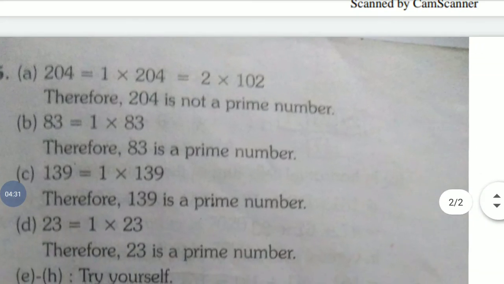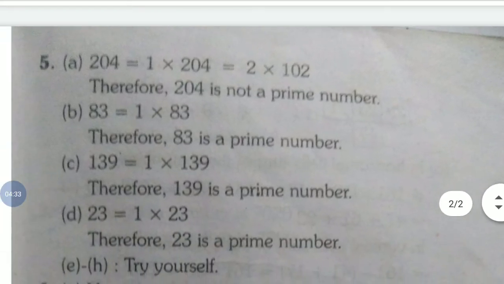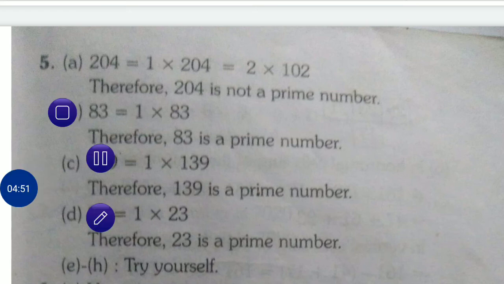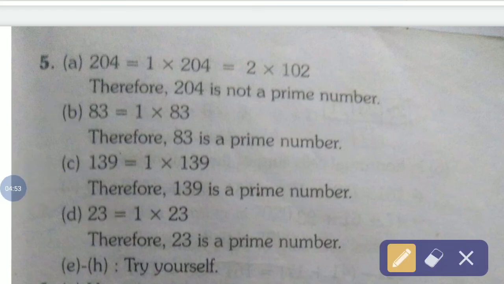For the fifth example, which of the following numbers are prime? You have to tell here which numbers are prime. So you just have to cross check whether it is having any other factor or not. So 204 is having the factors 1 and 204, and also 2 and 102.